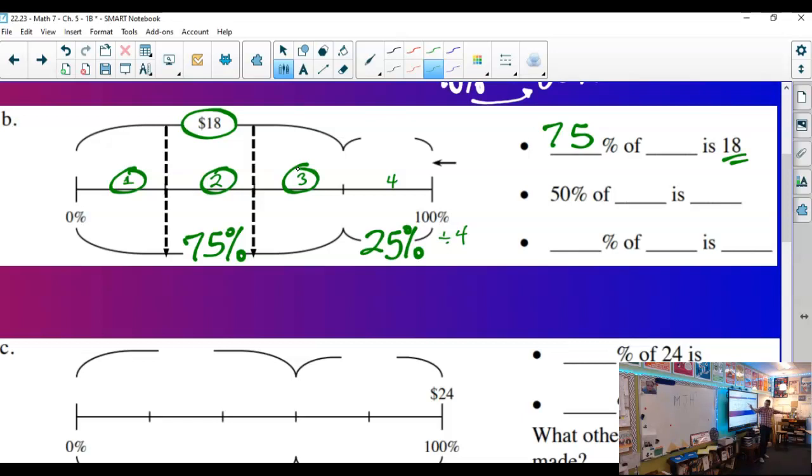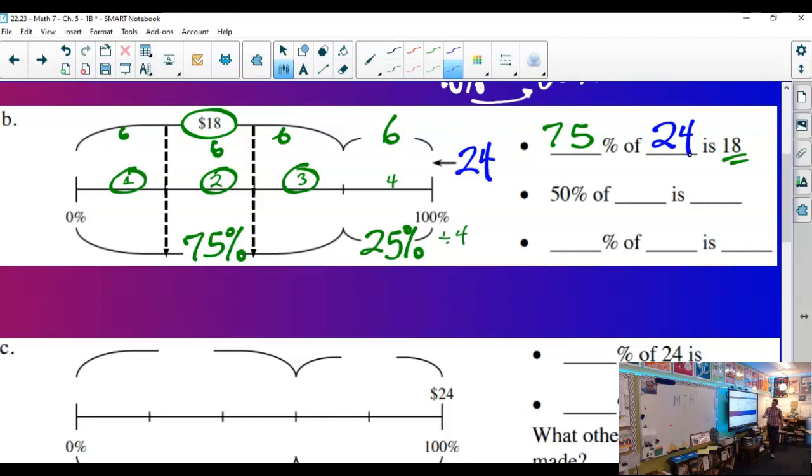So Max said he took his 18, divided by 3, and figured out that each of these sections would actually be 6, 6, and 6 to make 18. So this has to be 6. So 18 and another 6, what would our total be here? 24. So 75% of 24 is 18.